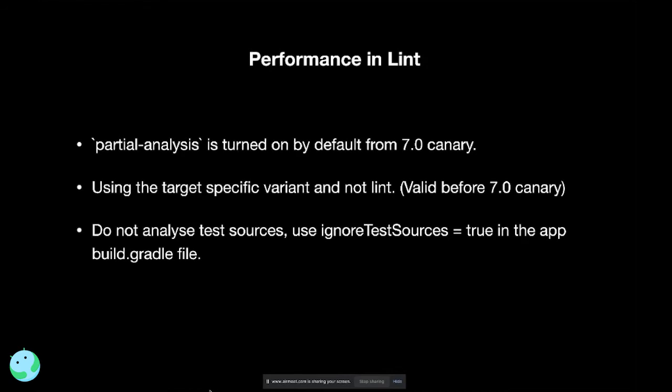If I do not have any reference in my test sources for lint, it would ignore all of it, and by default lint does not run into test sources. It would only run in the lint release variant. So it makes sense to ignore test sources if I do not have a reference, though it also depends on the project that you have.